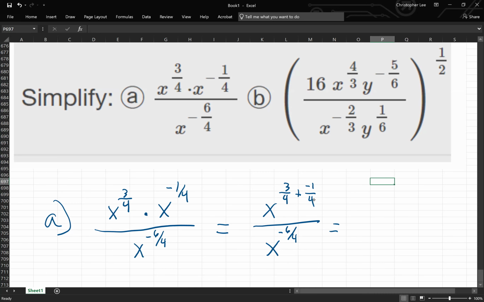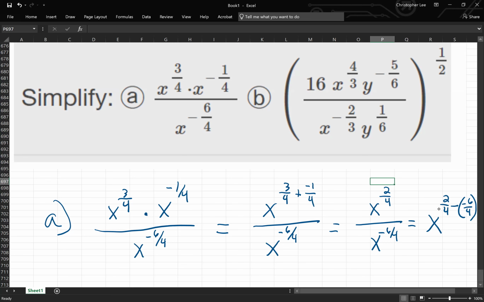So when we add these, right, they have the same denominator, just add straight across. This becomes what? X to the 2 over 4 divided by x to the negative 6 over 4. And whenever I divide exponents, what do I do with the powers? Subtract, right? So this becomes what? X to the 2 over 4 minus the negative 6 over 4.